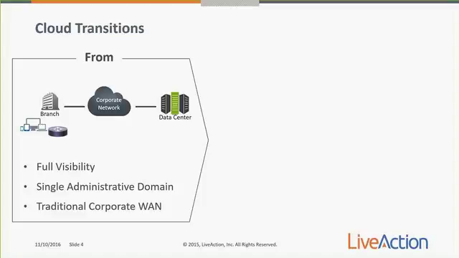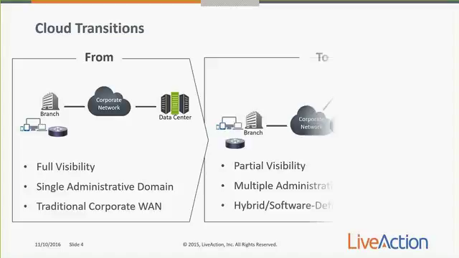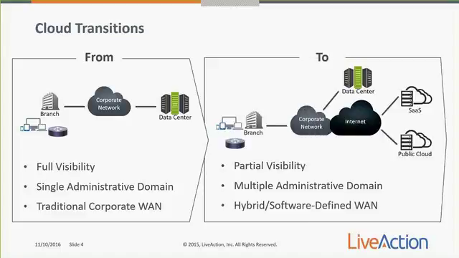It was much, much simpler. We had full control over the entire system. But as we move forward with SaaS-based applications and public cloud applications, we now have limited visibility into all these applications and how they're really running. There's multiple administrative domains, and now we're moving toward hybrid and software-defined wide area networks.